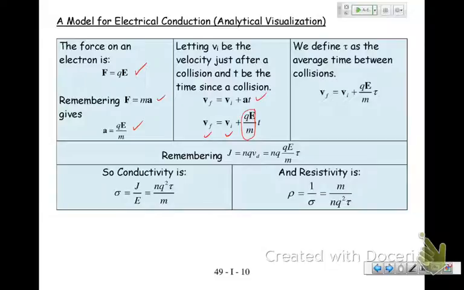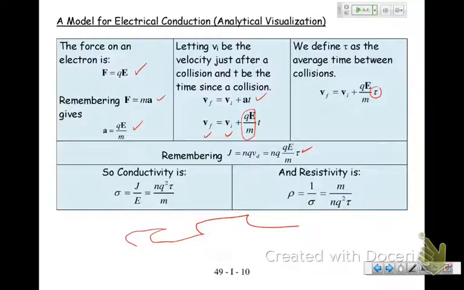And we can define the time constant between collisions. On average, how long does this thing go between collisions? We call that the time constant, tau. And then if we bring in our equation for the current density, then we can say conductivity is equal to the current density over the electric field, which equals n q squared tau over m.